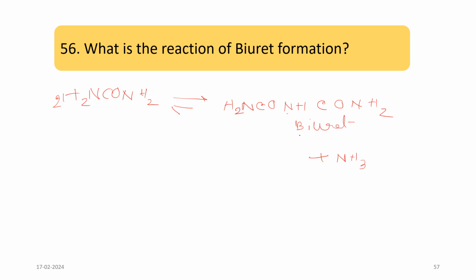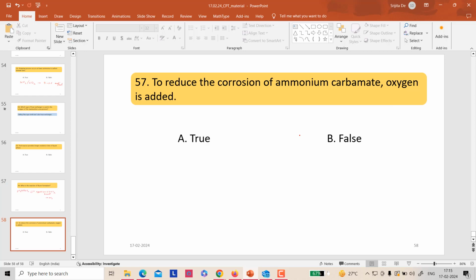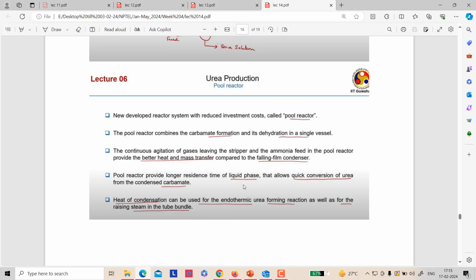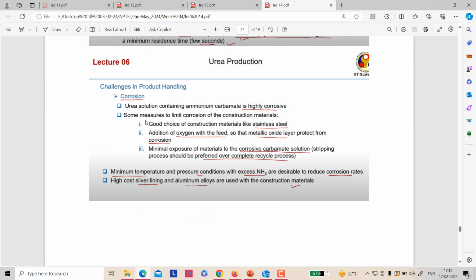The next and last question is that to reduce the corrosion of ammonium carbamate, oxygen is added. Is it true or false? So there are a number of steps followed to reduce the corrosion. Some measures to limit the corrosion of the construction materials: construction materials can be stainless steel so that there will be no corrosion.